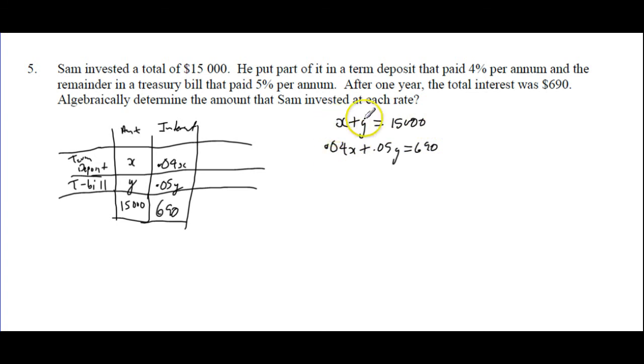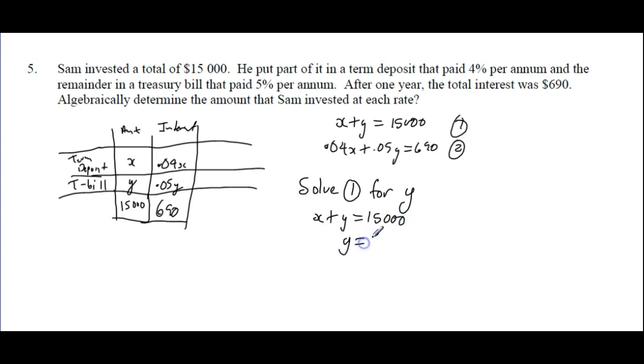So I'm going to solve this equation for one of the variables. Solve 1 for, let's solve for y. So x plus y is equal to 15,000. Y is equal to 15,000 minus x.